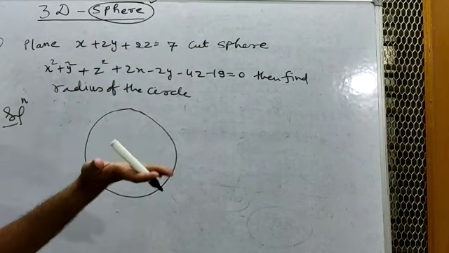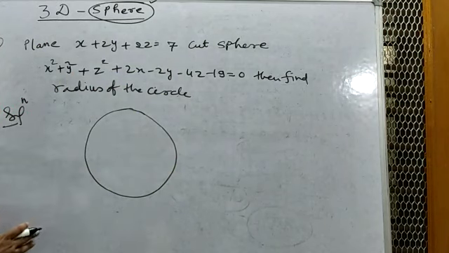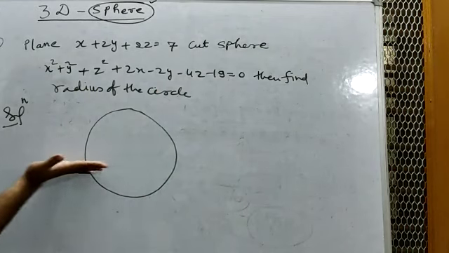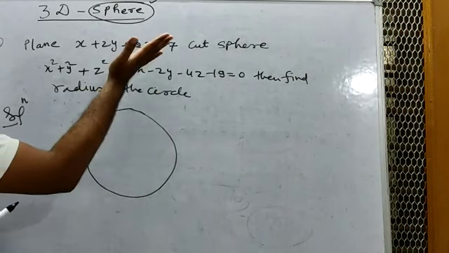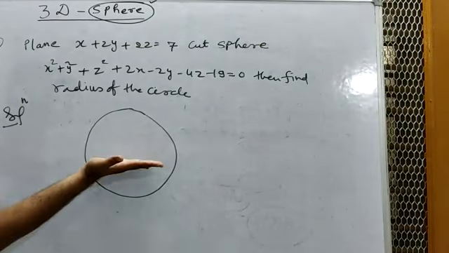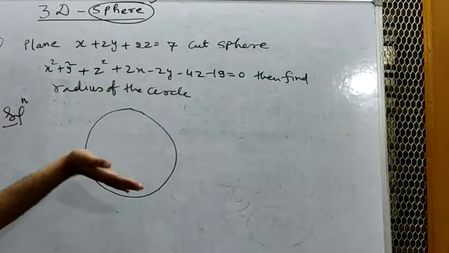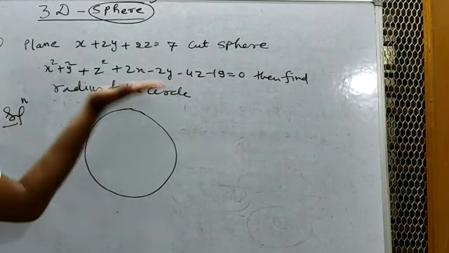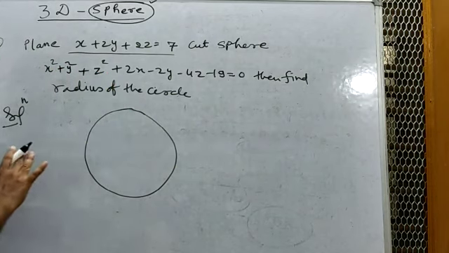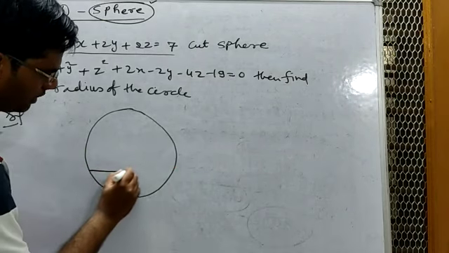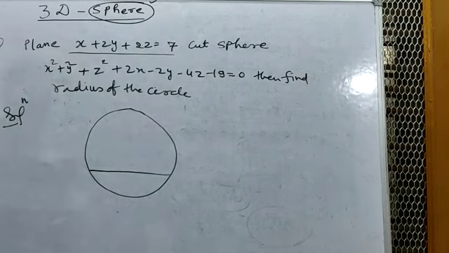We can consider a plane cutting the sphere like this. We are talking about 3D, so half of it will be upward and the rest of the half will be backward. So this plane cuts the sphere like this, at these 2 points.